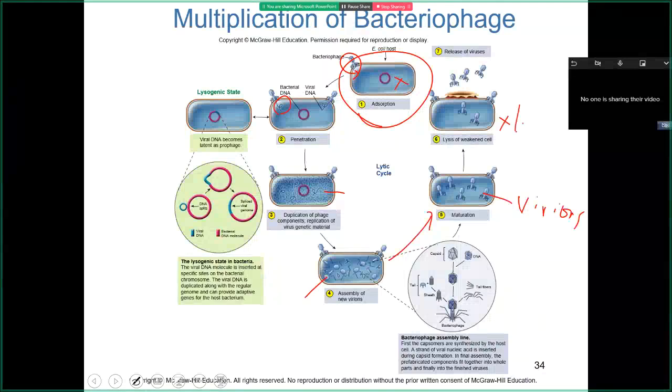This is lysis. And so there's the rupture of the host cell, and boom, you've got new viruses escaping, and they're going to go find new hosts. Now that's the lytic cycle. That's sort of the standard. That's usually what happens.